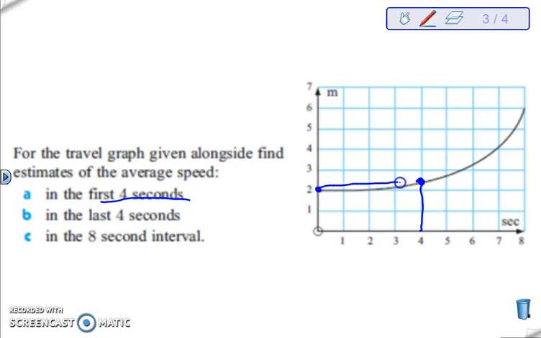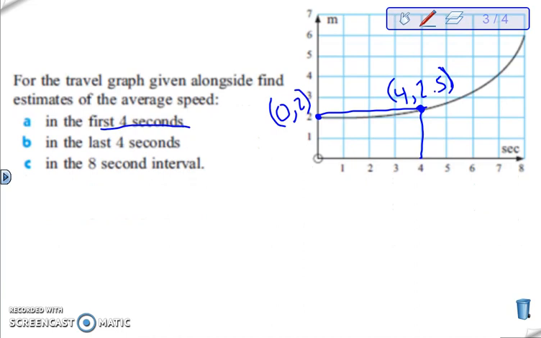So what we want to do is connect the 2 points and figure out how much we changed on both our x and y axis. So this we can approximate at about 0, 2. This guy we can say is definitely 4 on the x-axis, and again, we're approximating, so we'll say that's 2.5 on the y-axis. So we went from 2 to 2.5 on the y-axis.